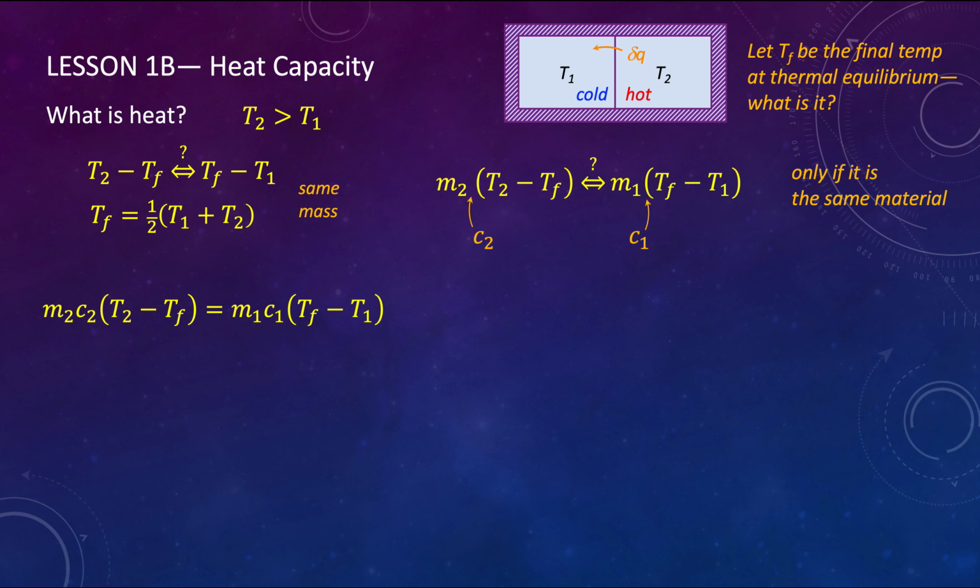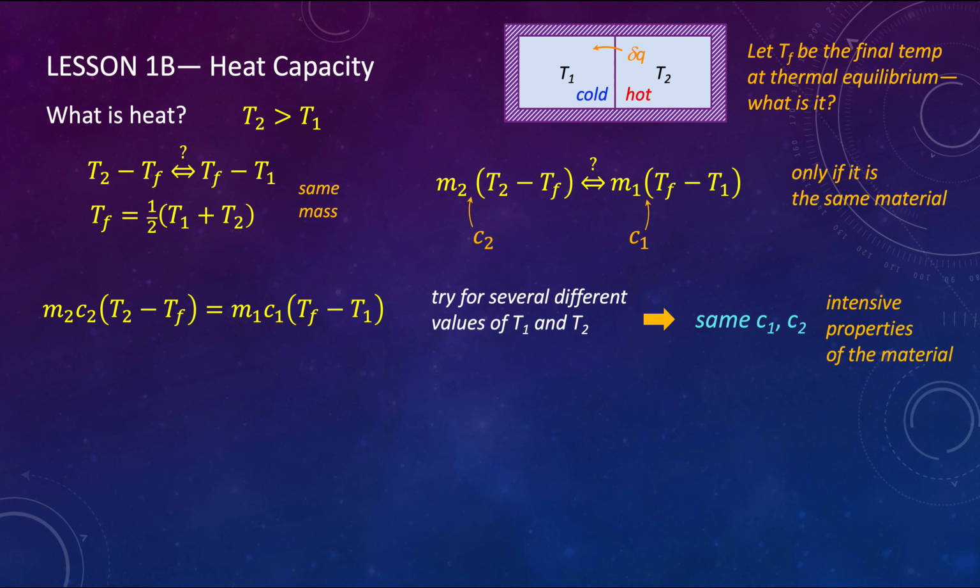And it turns out that in this particular case, if you try this for several different values of T1 and T2, or for several different masses M1 and M2, you do get the same values for C1 and C2. All right, so there is something about this that does work. There is something intrinsic to the materials used in this experiment that makes this true.